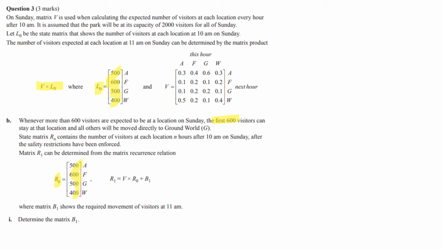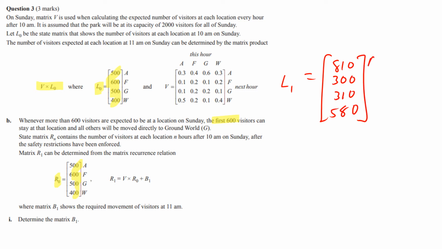So let's remind ourselves when we worked out L1. L1 equals 810, 300, 310, and 580. And this is A, F, G, W. So this has got 210 too many, and it tells us that we've got to take them and put them to there.